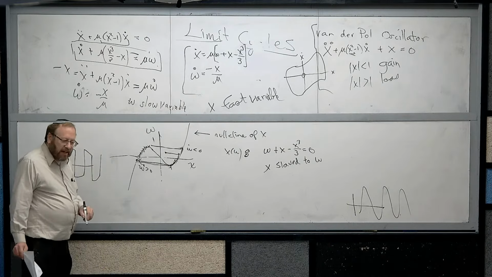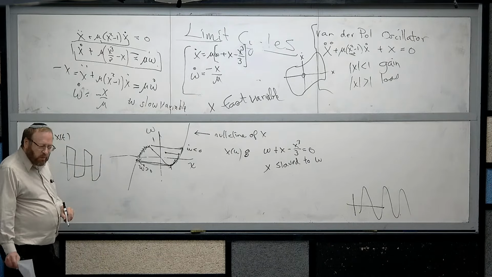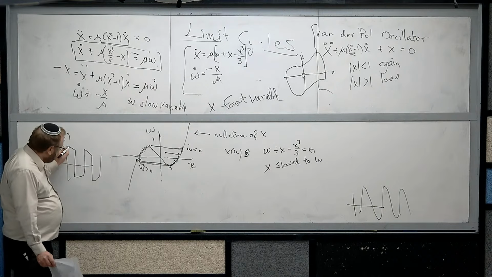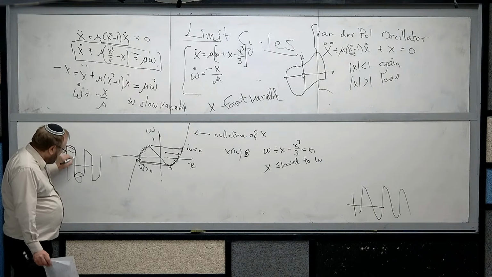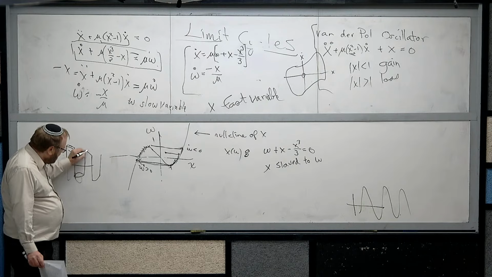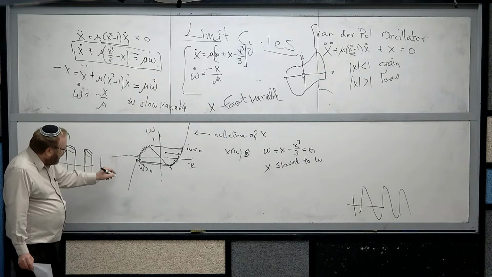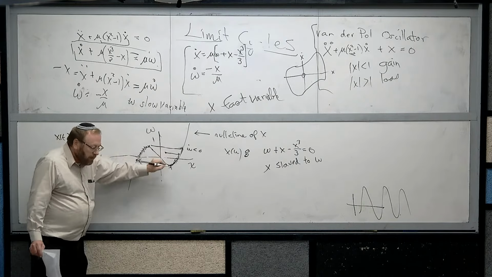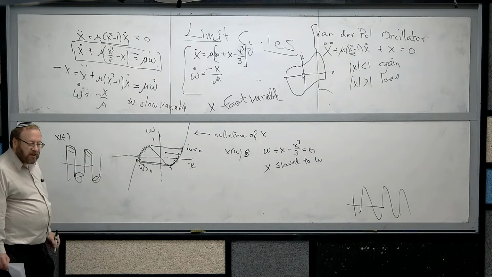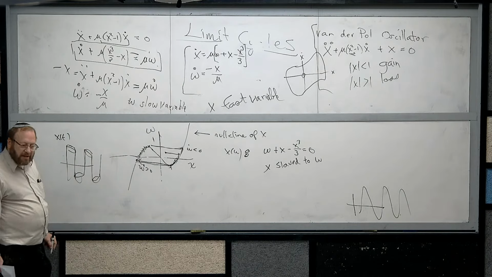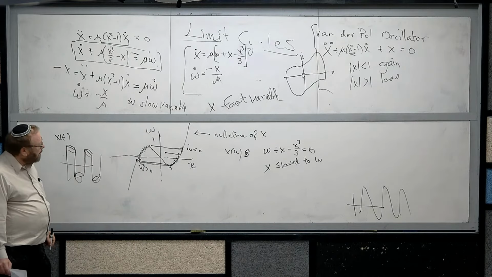It looks like an almost sawtooth, but not exactly, because these are smooth curves as you're going up and down over here, and these are basically jumps. So that is the motion.